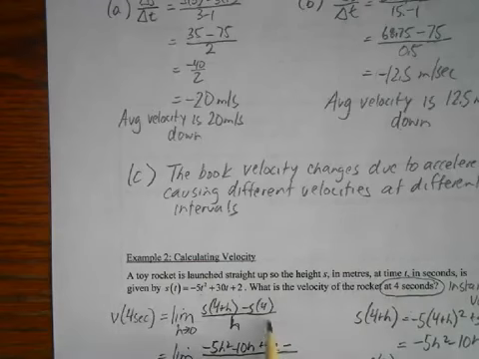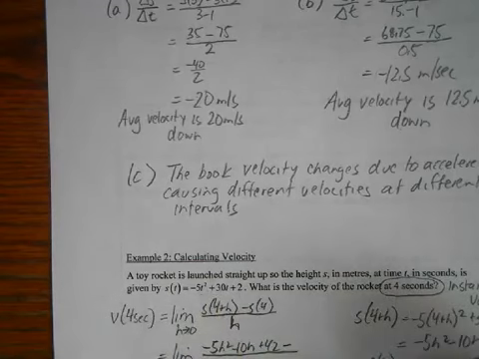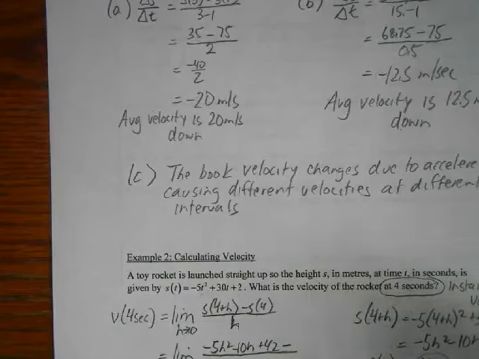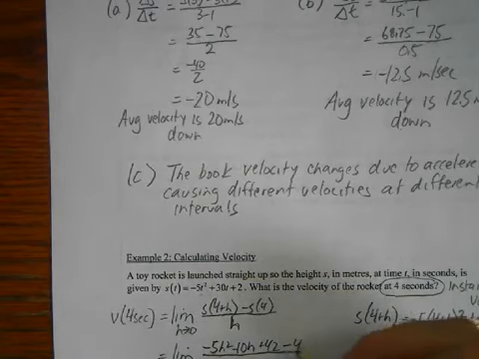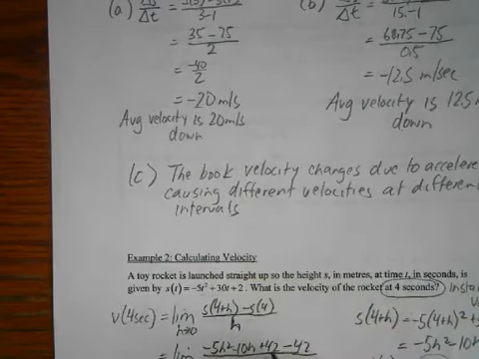If you plug in 4 into this calculation, s of 4 is 42. This is going to be the difference between the 2 points. So when I put the 42 there, you can see that this cancels out very nicely. You can also see that I can factor out an h from the 2 remaining terms.